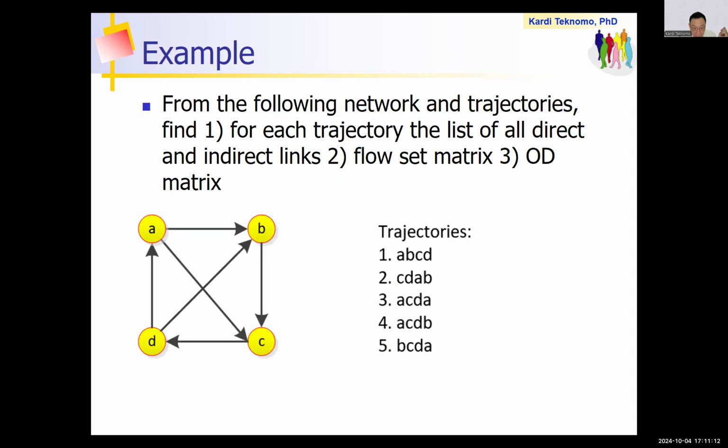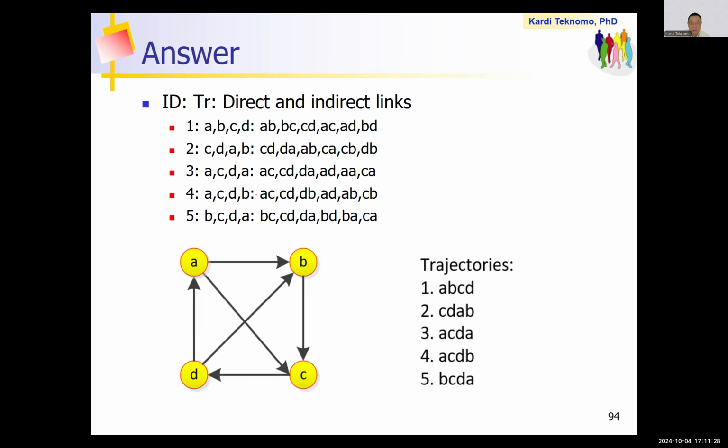So with that, if you know all the direct links and indirect links, you can get the flow matrix and OD matrix. Here is an example of all direct and indirect links.